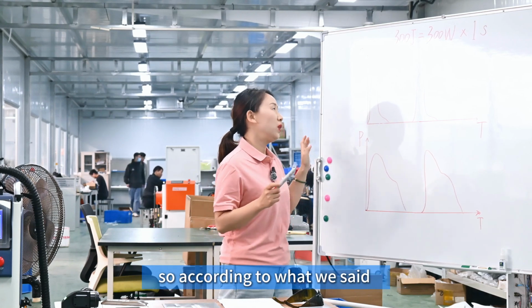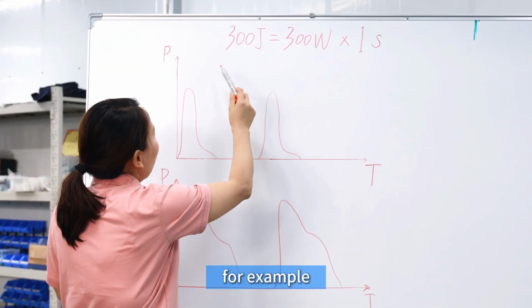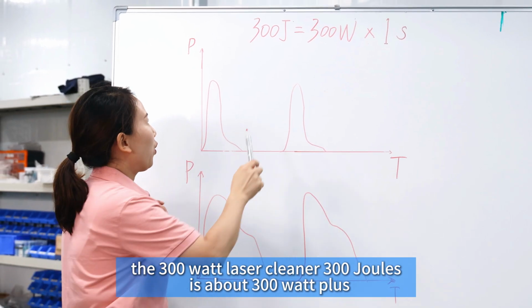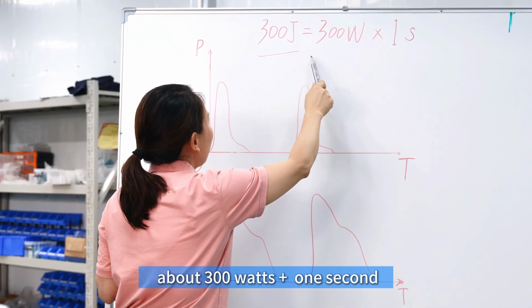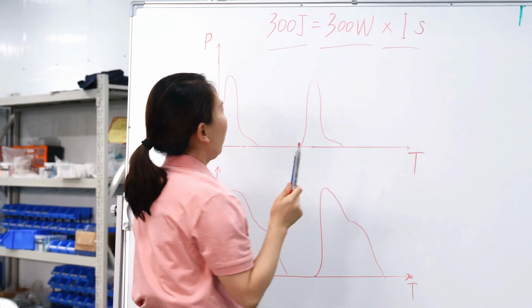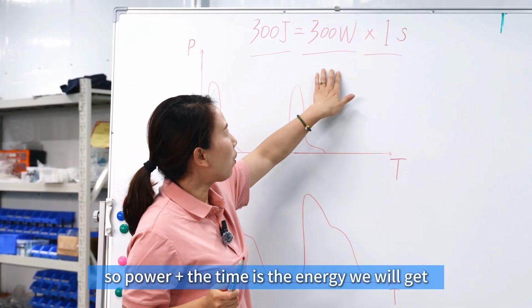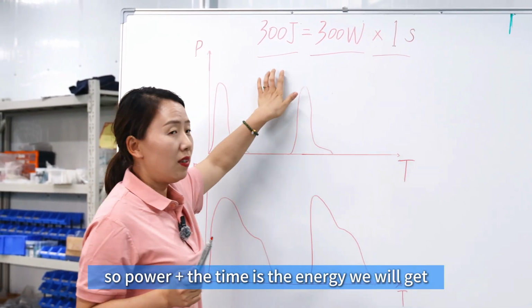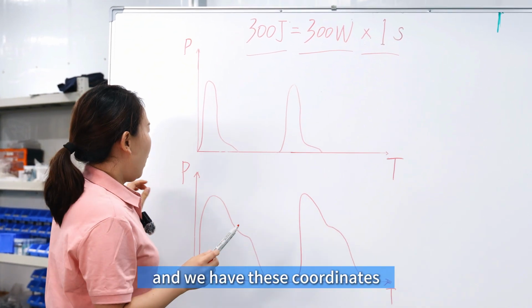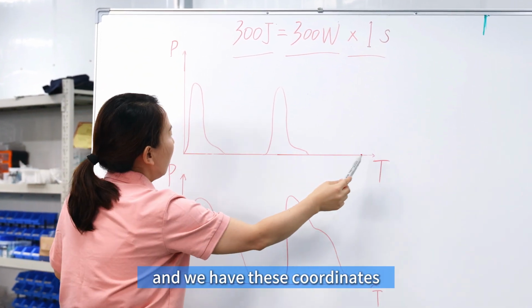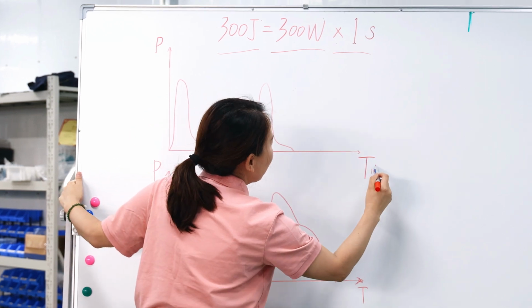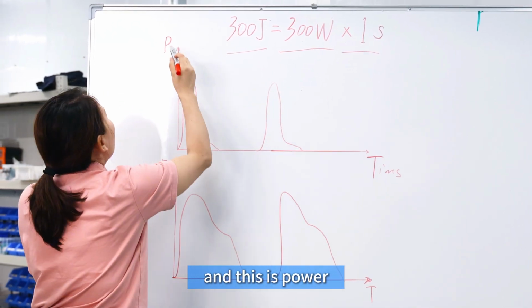According to what we said, for example, for a 300 watt laser cleaner, 300 joules is about 300 watt times 1 second. So power times the time is the energy we will get. And we have these coordinates. This is time, and this is power.